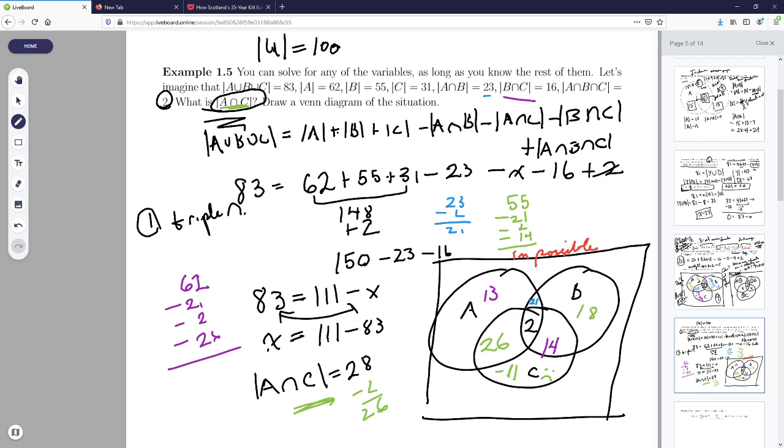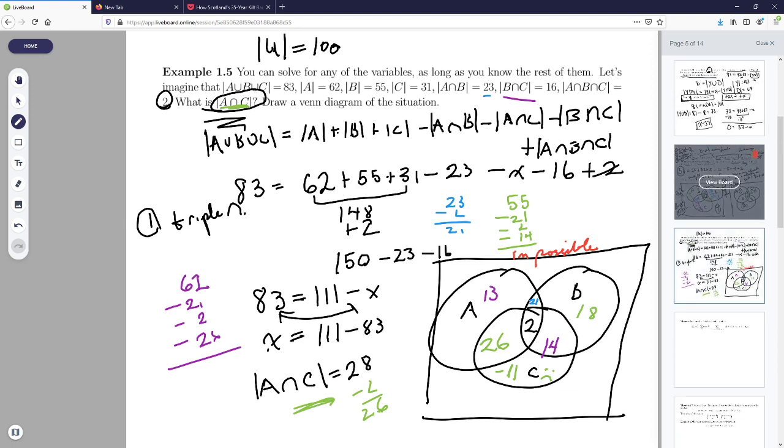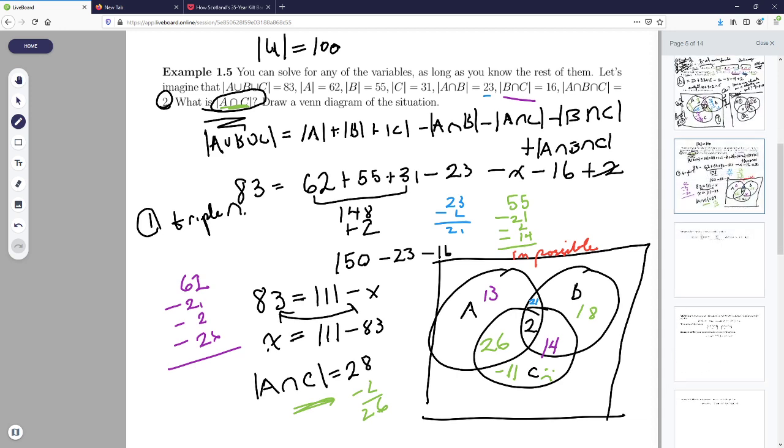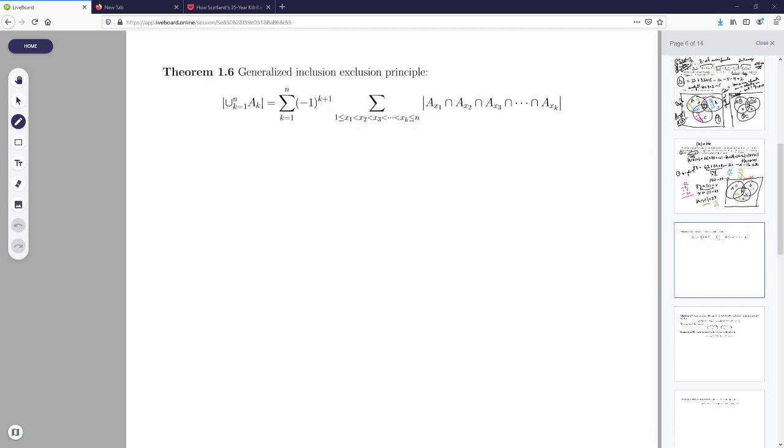Well, anyway. I don't know what I want to say about this. I wrote this down. Here's the generalized inclusion-exclusion principle.